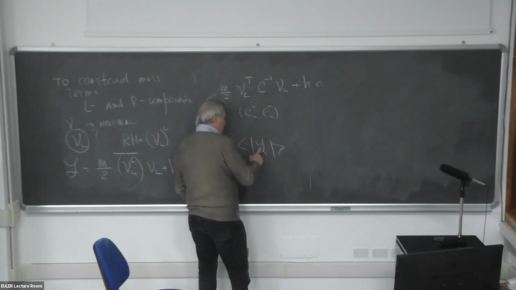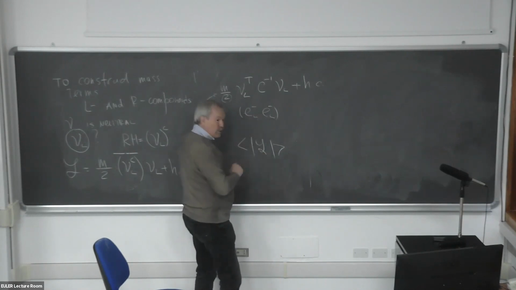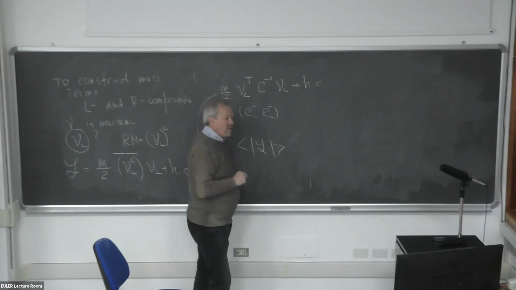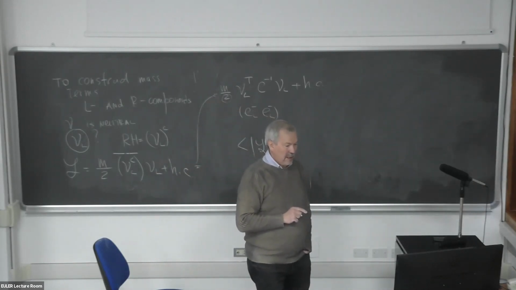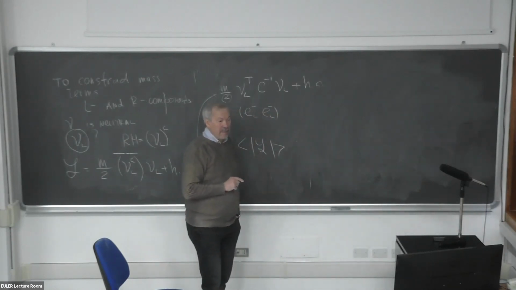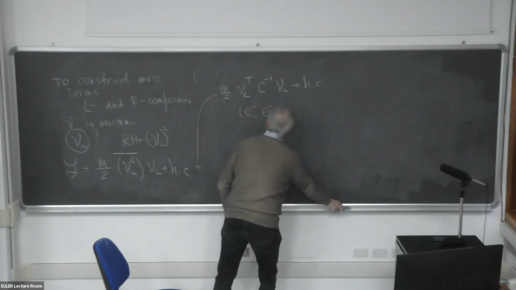The presence of electric charge would lead to processes where the charge changes by 2 units, right? So that type of term in the Lagrangian would violate electric charge by 2 units.